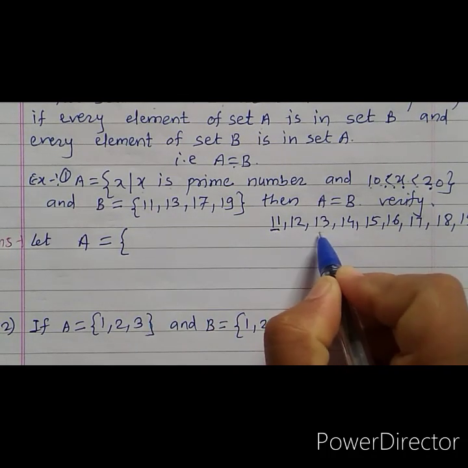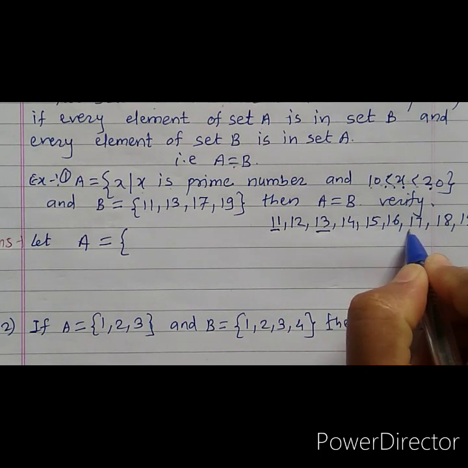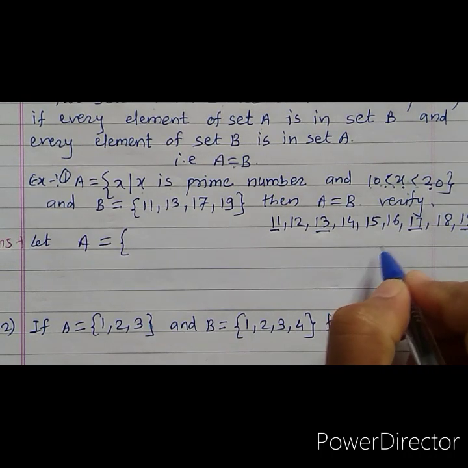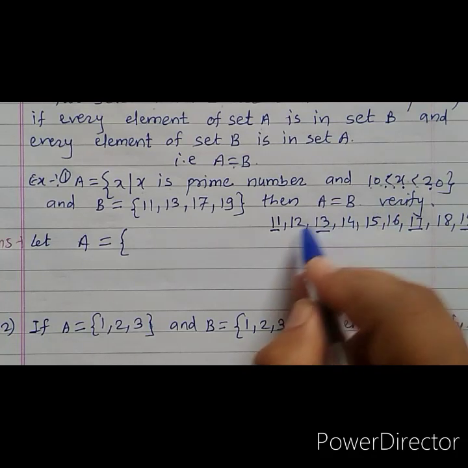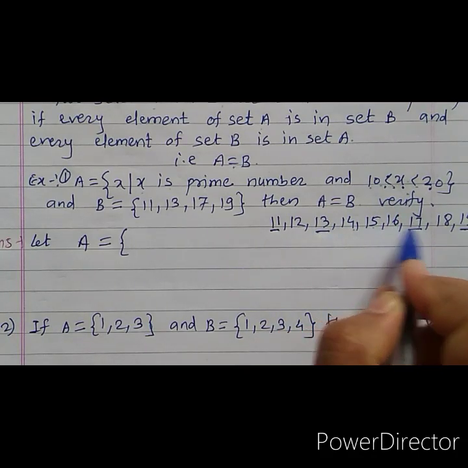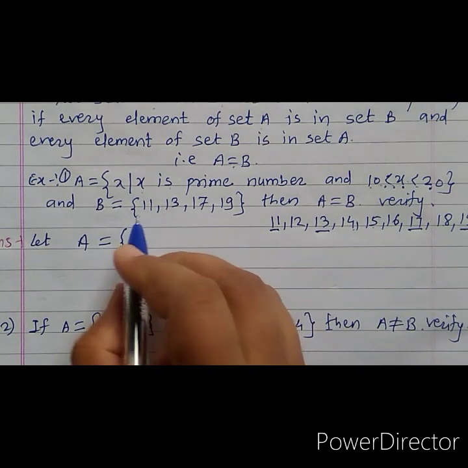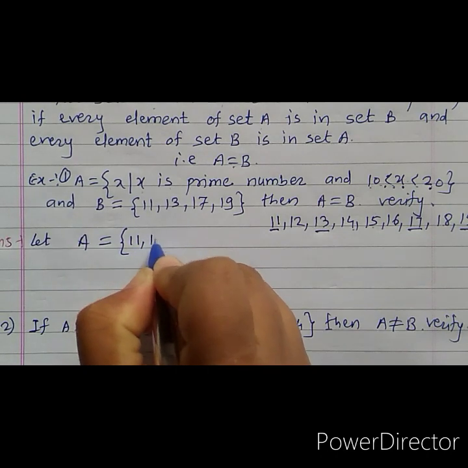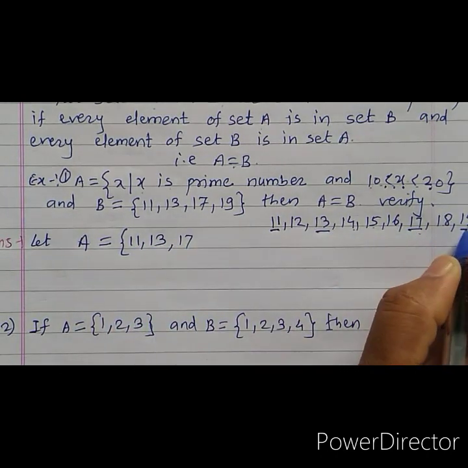Therefore 11 is a prime number, 13, 17 and 19. These are the numbers which are divisible by 1 and itself. 12, 14, 15, 16 and 18 are not prime numbers. Therefore we can write the prime numbers 11, 13, 17, 19.